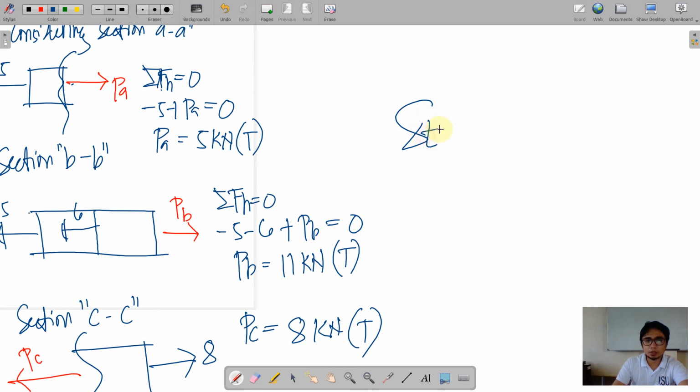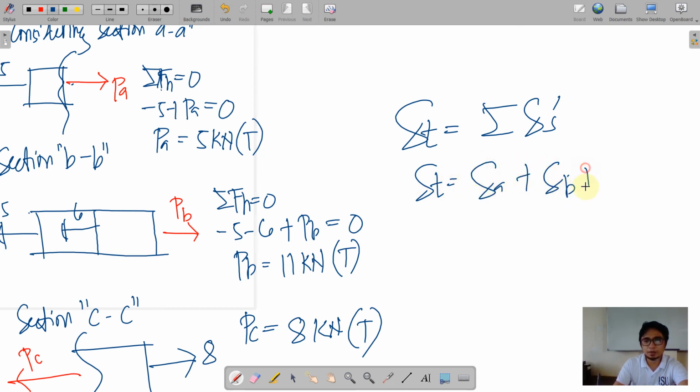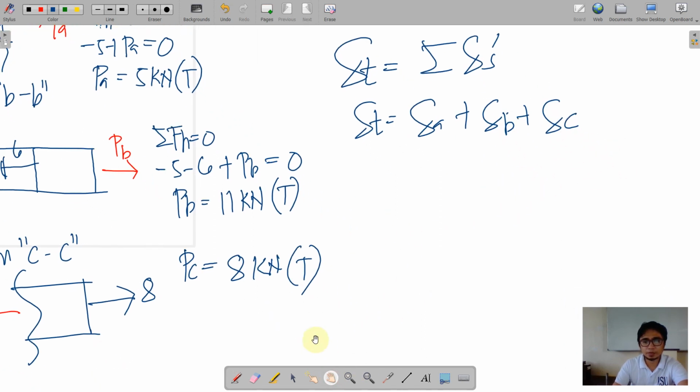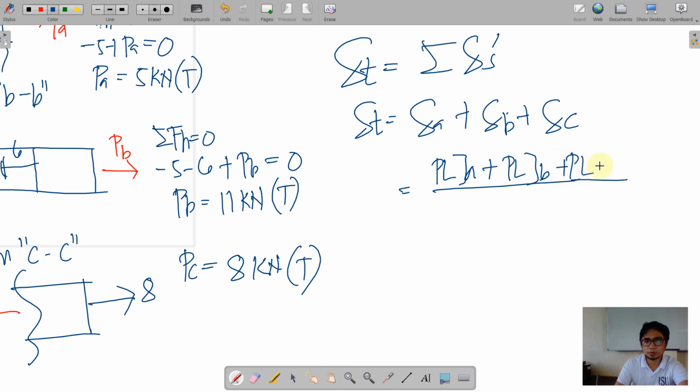So delta total is equal to summation of delta, so delta total is equal to delta A plus delta B plus delta C. We have PL for A plus PL for B and PL for C. Note that all of the operations here are positive because again we do not have any compressive forces. So the denominator is merged into one.